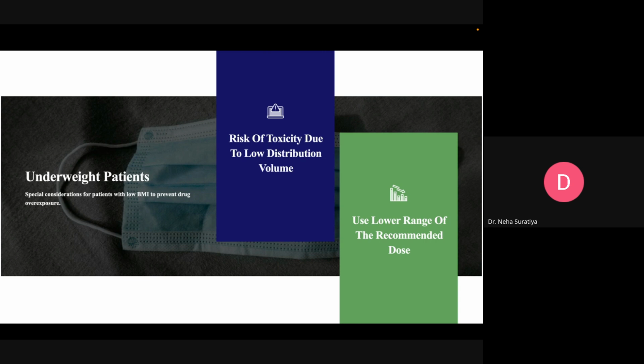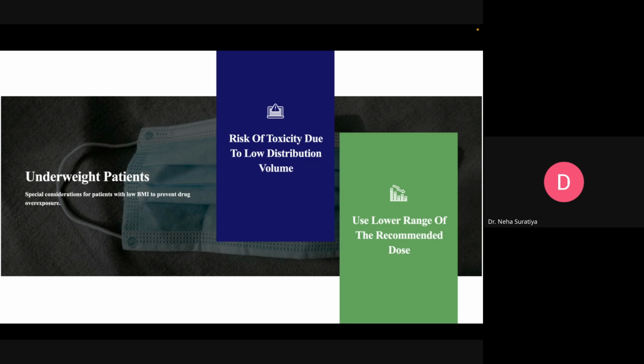This directly means drugs remain more concentrated in the plasma, so of course we have a higher chance of toxicity, especially with CNS drugs, opioids, and sedatives in an underweight patient. So always use the lower end of the recommended dose range. I'm repeating: always use the lower range of the recommended dose for the underweight patient.